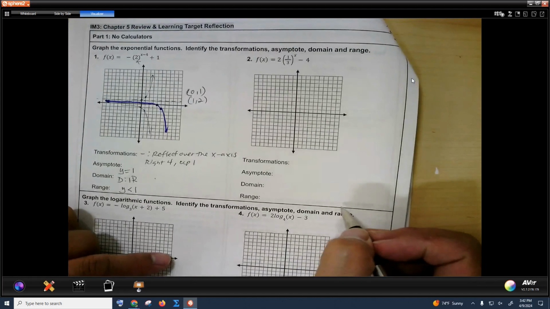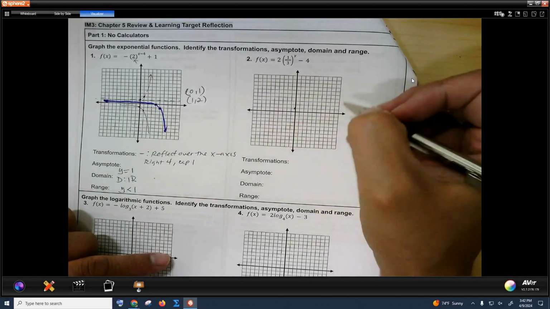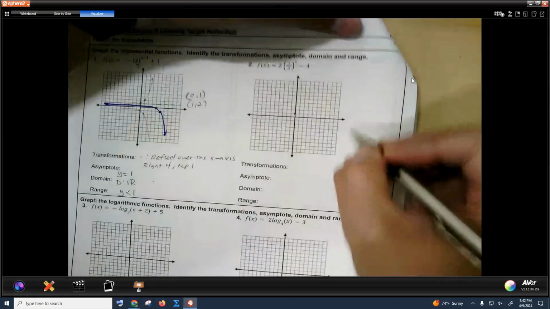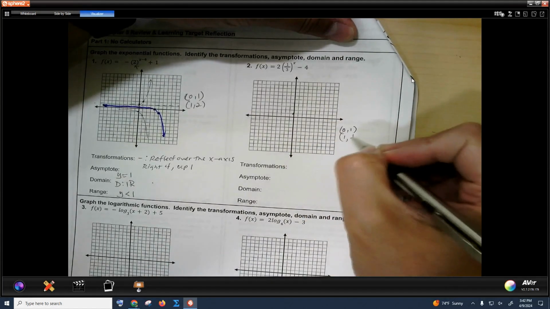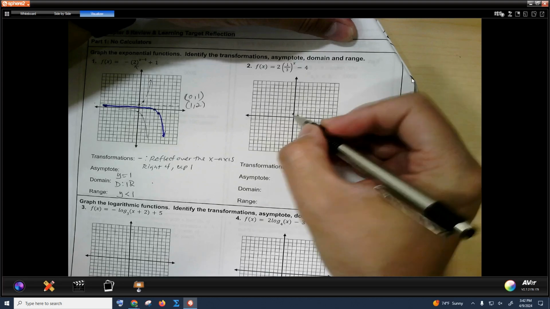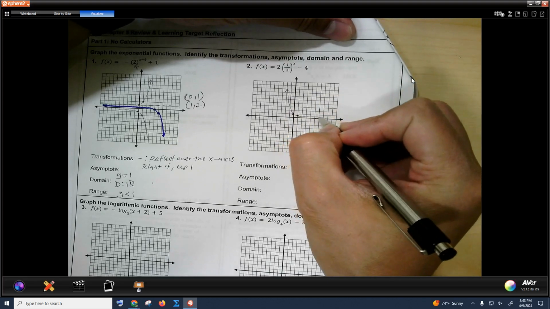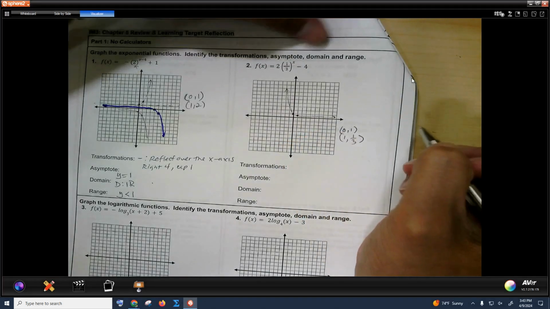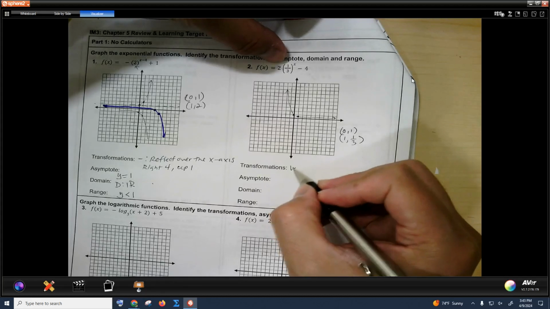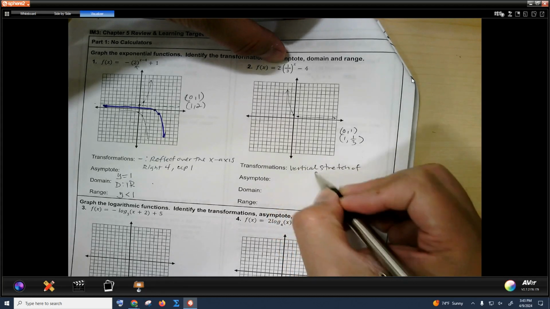Okay, moving on to the next graph. This is at base 1/3, so it always starts off with that coordinate, (0, 1), and then it's going to be (1, 1/3), which is around right there. That's going to cause the graph to shape like this as your parent graph to begin with. Transformation-wise, there's a vertical stretch of factor 2.